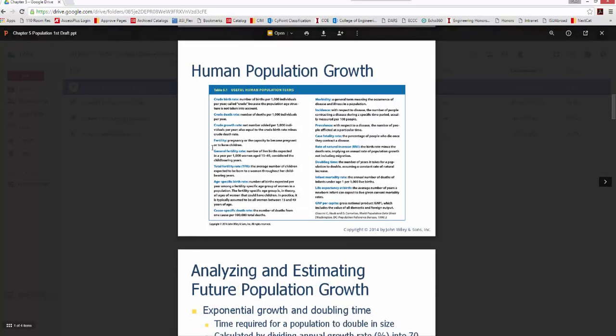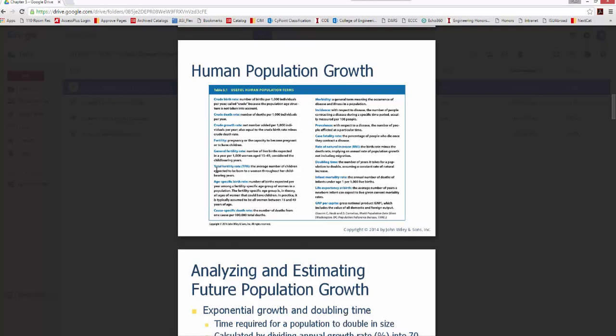Now there's something called the general fertility rate, and this is the number of live births expected in a year per 1,000 women, and now we have an age range, 15 to 49. So it actually defines the childbearing years. We've got the total fertility rate, and this is basically the average number of children per woman throughout the childbearing years. Now we've got a graph where we'll look at total fertility rate. So again, this is just the average number of children per female during the childbearing years of 15 to 49.